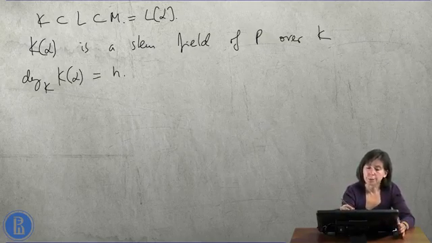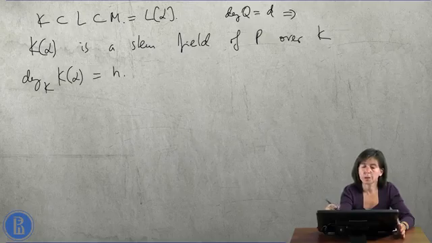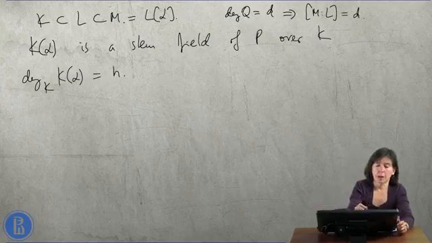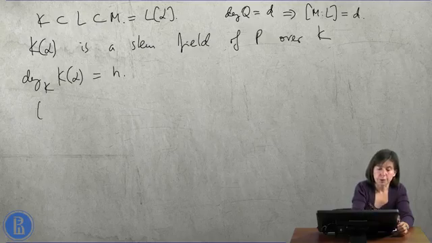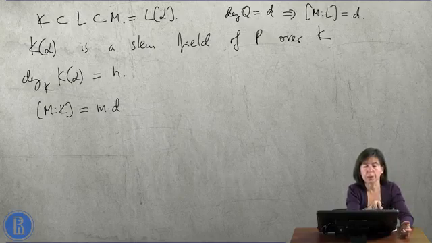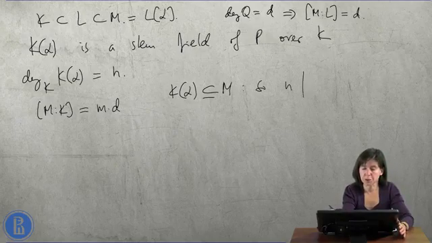Well, on the other hand, if the degree of Q is d, then d is the degree of M over L, because M is a stem field of Q over L. And so the total degree, the degree of M over K, is m times d, because it's the degree of L over K times the degree of M over L. But K(alpha) is a subextension of M. So the degree n must divide md.